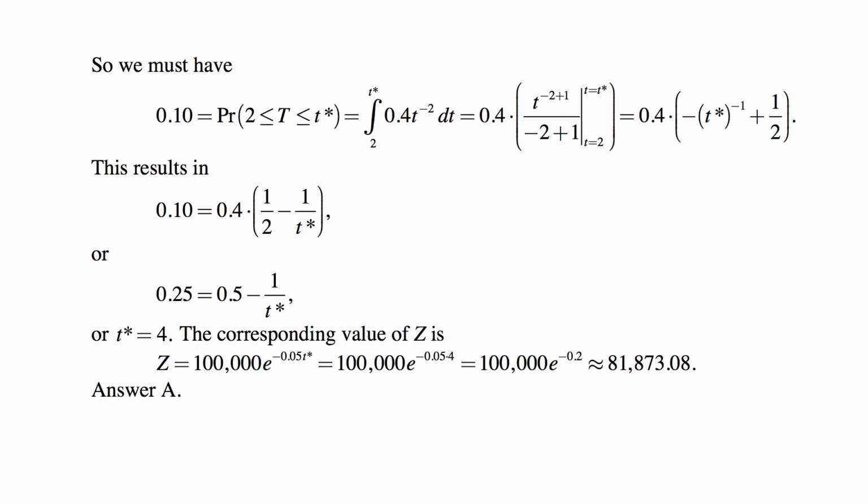So 0.25 is 0.5 minus 1 over t star, so t star is 4. Then all we need to do is find the corresponding value of Z. Plug in Z equals 100,000 times e to the minus 0.05 t star, replace t star by 4, and the answer is 81,873.08, and that's answer A.